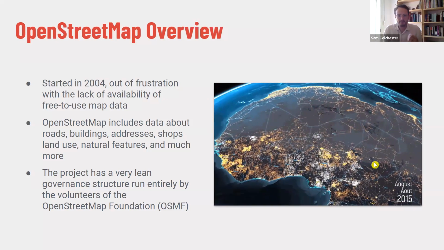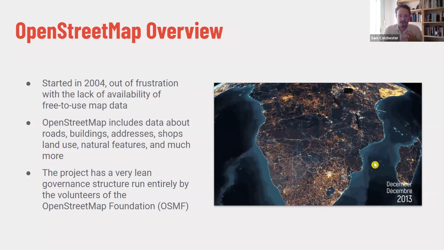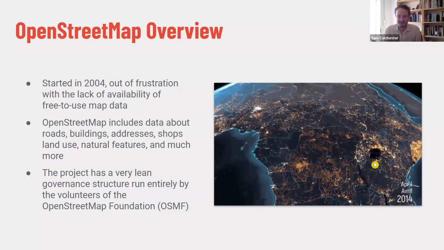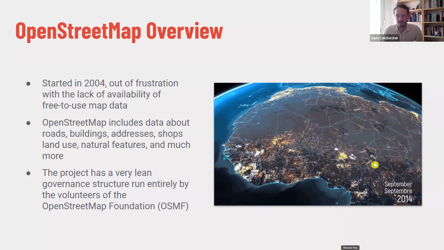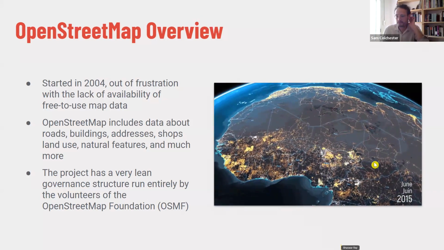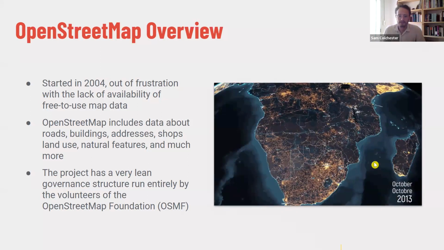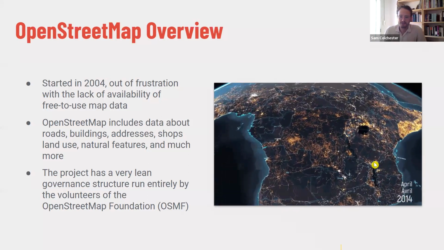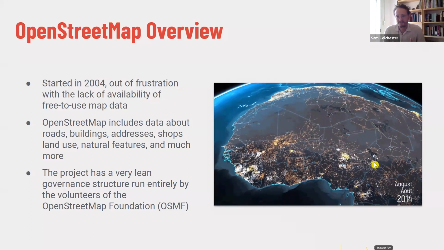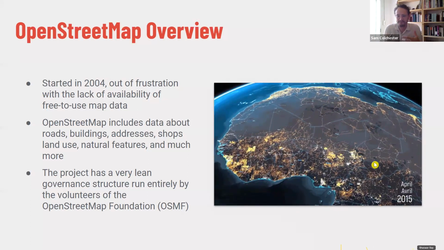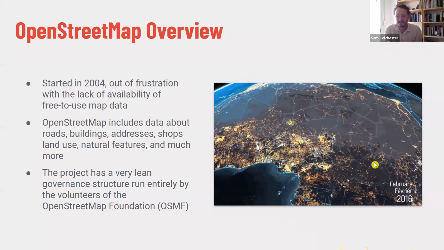OpenStreetMap includes data about roads, buildings, addresses, shops, land use, natural features like farmland and forestry, and a lot more. It's got an extremely lean governance structure, which means it's run in an extremely lean way.